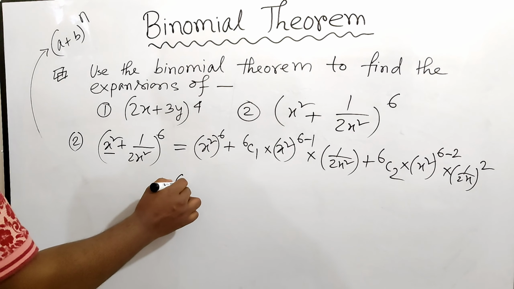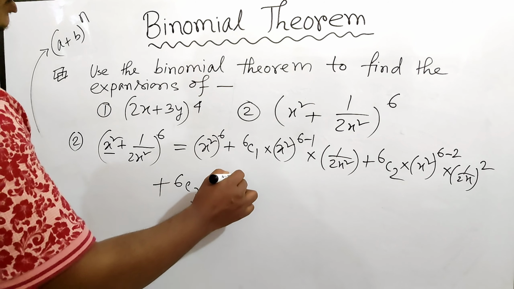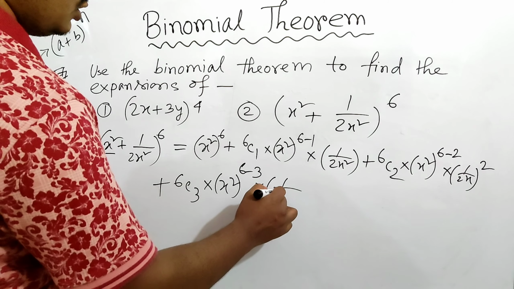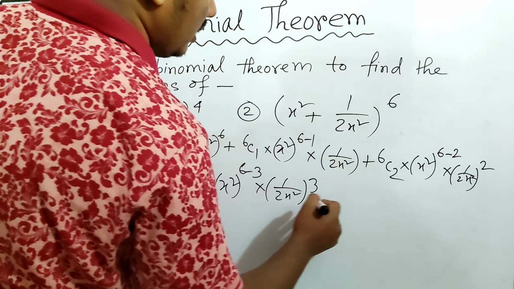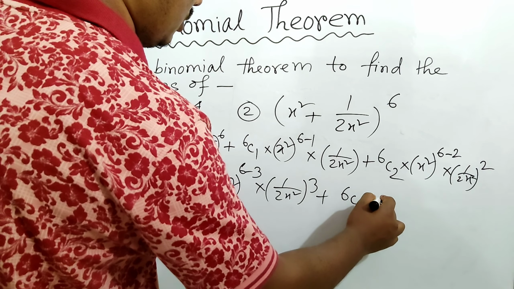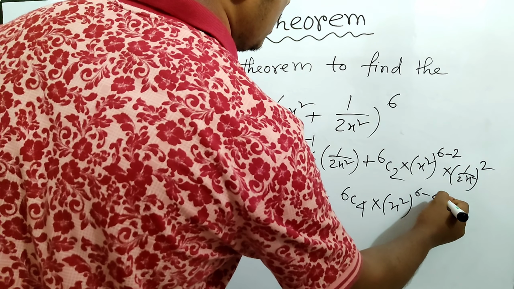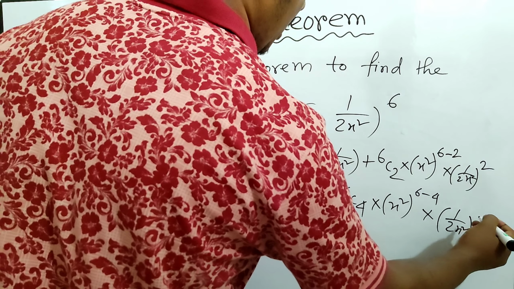Next is 6C3 multiplied by x square power 6 minus 3 multiplied by 1 over 2x square power 3, plus 6C4 multiplied by x square power 6 minus 4 multiplied by 1 over 2x square power 4.